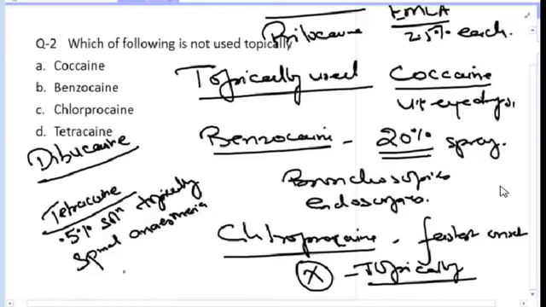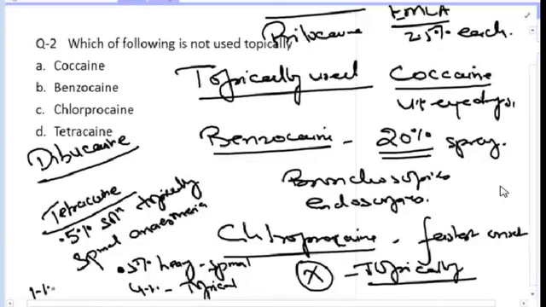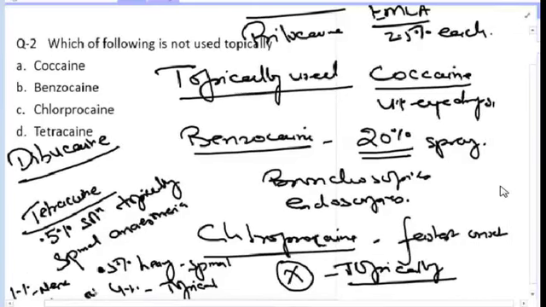Concentrations used are 5% heavy for spinal anesthesia, 4% for topical anesthesia, then 1% for nerve blocks, and 0.5% for intravenous regional anesthesia.